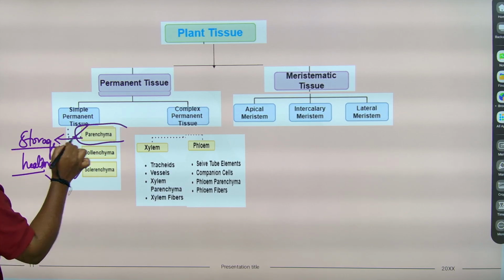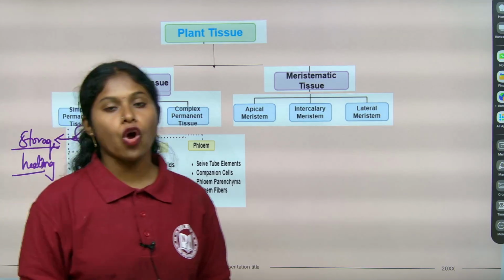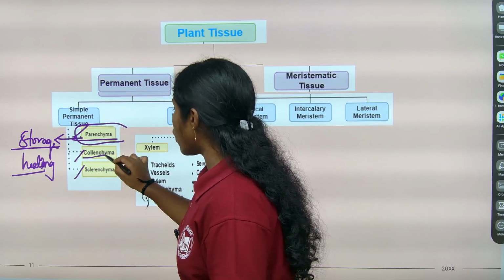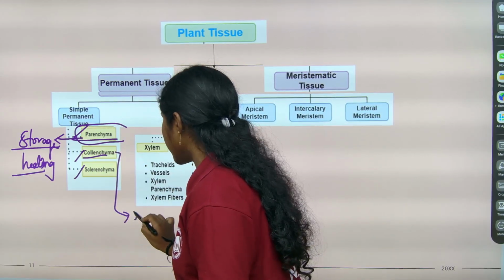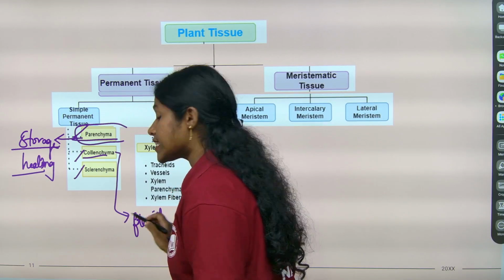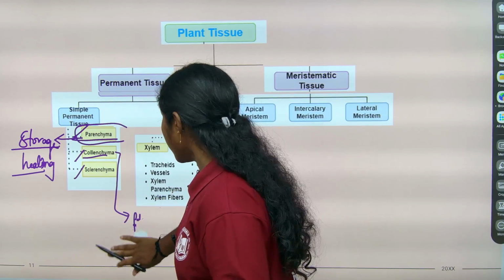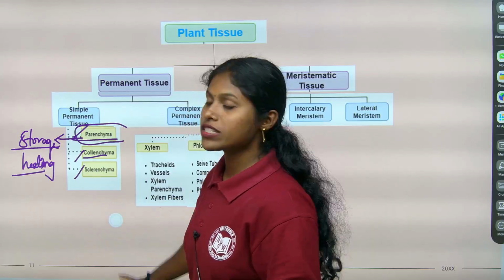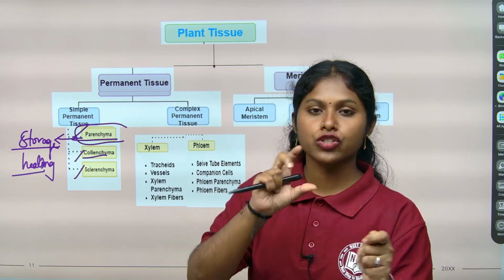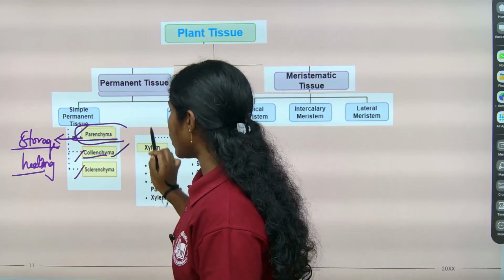It is the most abundant tissue, present in the soft parts of the plant, right? Collenchyma improves flexibility in tendrils, and the elastic nature of the plant is due to collenchyma, because collen means glue and chyma means tissue. So the flexibility is due to collenchyma, right?